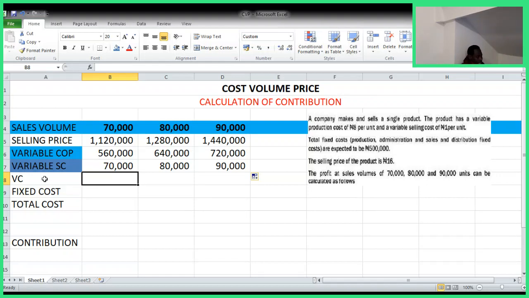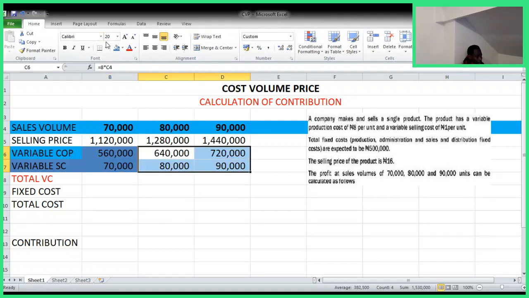Let's continue. Now we want to calculate our total variable costs. Our total variable cost will be what? We need to add this to this, right? We need to add this together. Are we together? So let's quickly do that to have our total variable cost.